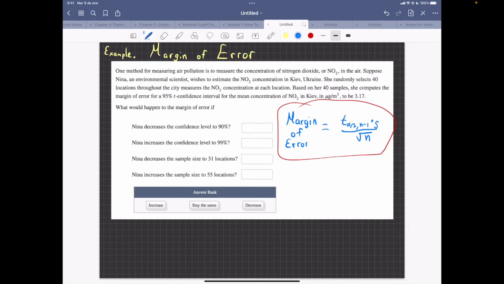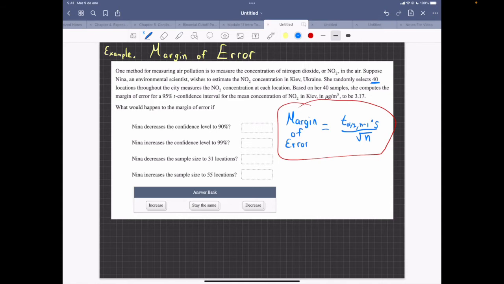She randomly selects 40 locations throughout the city. The city measures the NO2 concentration at each location. Based on her 40 samples, she computes the margin of error for a 95% confidence interval for the mean concentration of NO2 in Kiev in milligrams over cubic meters to be 3.17.